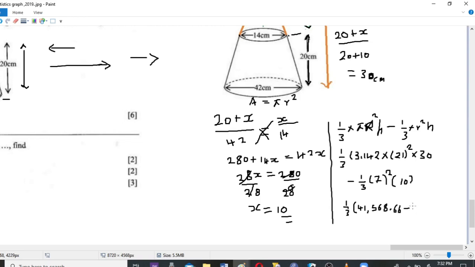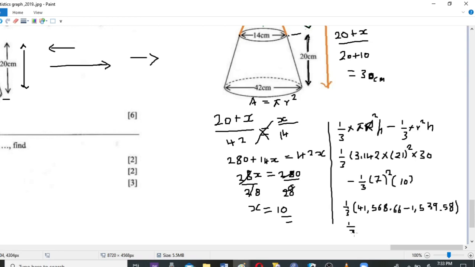You're going to get this answer. Okay, so you close the brackets there.